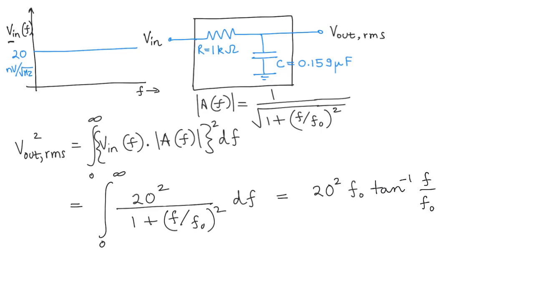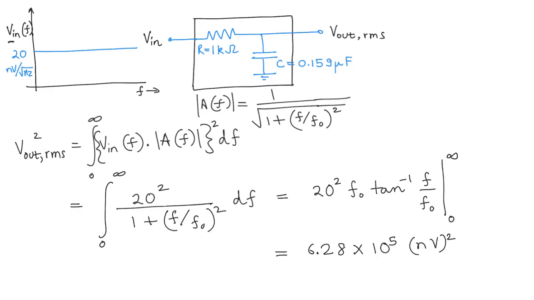And what I want to do is I want to evaluate this f by f naught from 0 to infinity. You can evaluate this, and what you're going to get is approximately 6.28 times 10 to the power 5, and this is going to be in nanovolts square.